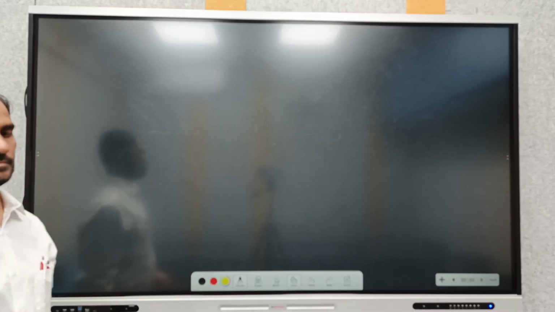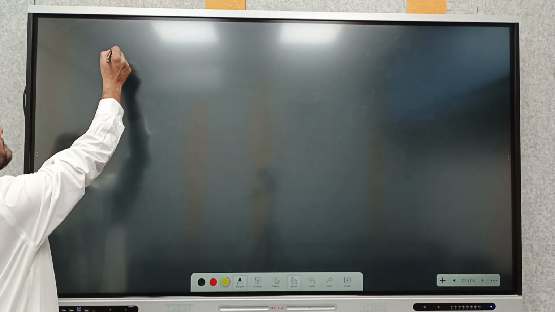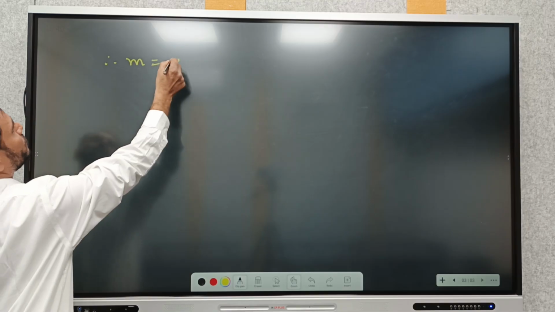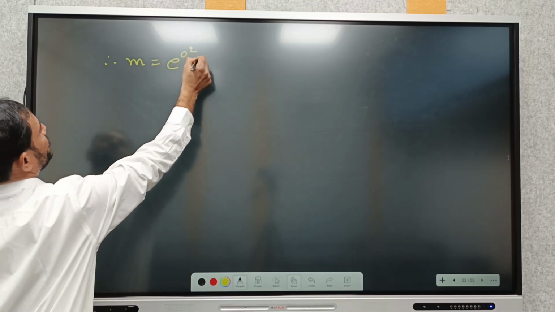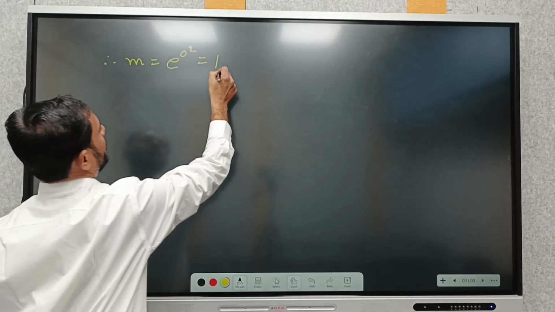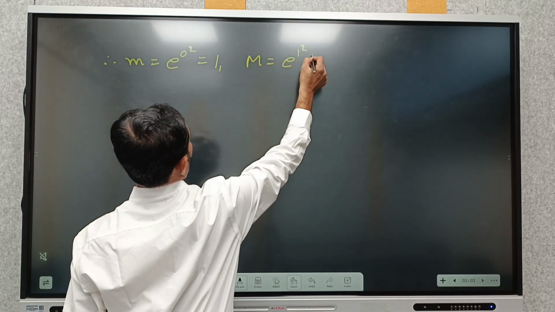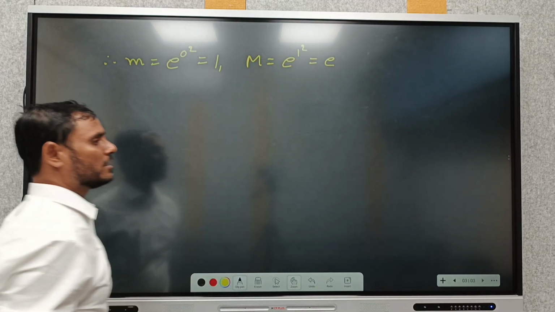Therefore small m equals e to the power 0 square, that is 1, and capital M equals e to the power 1 square, that is e.